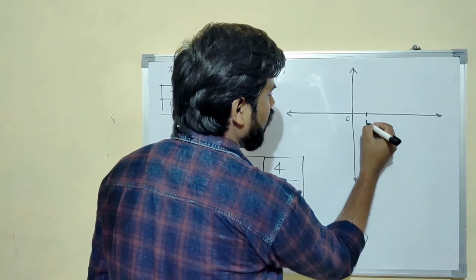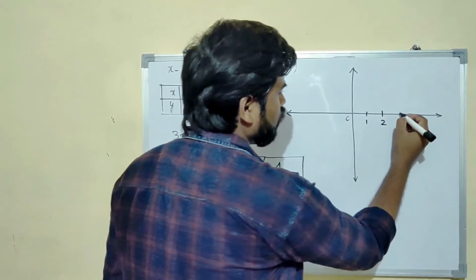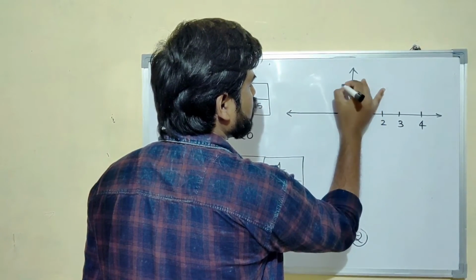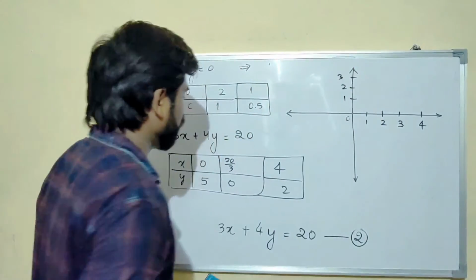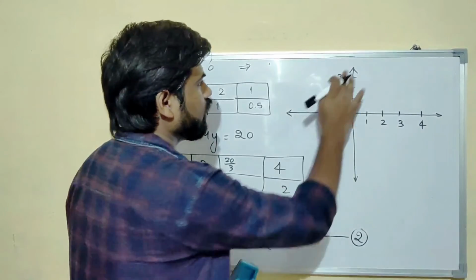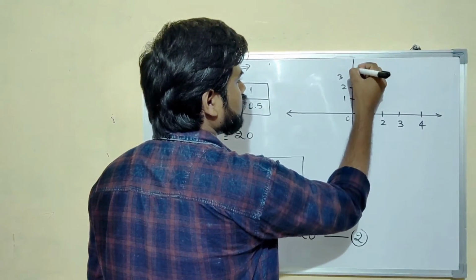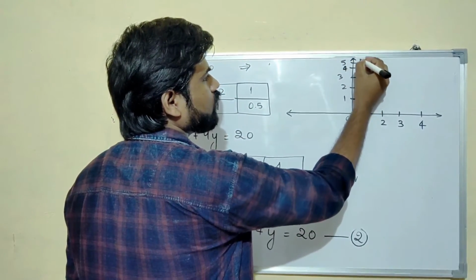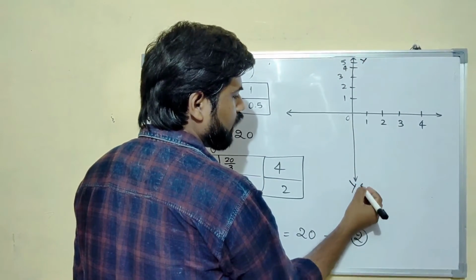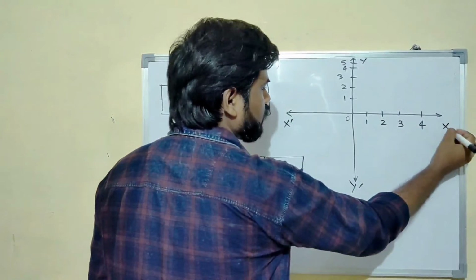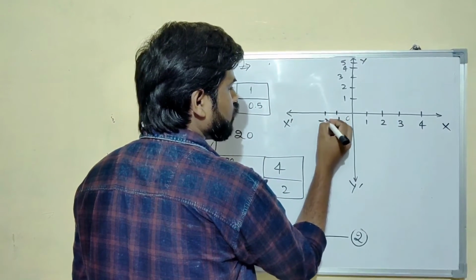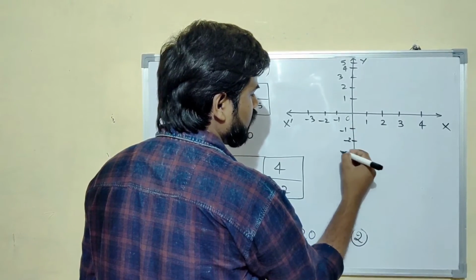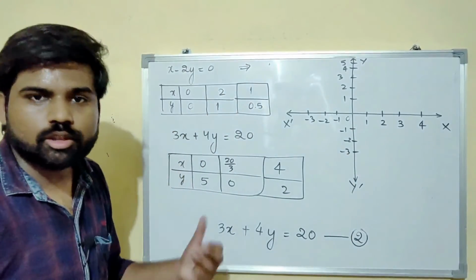This is your origin, 1, 2, 3 and 4, and then you need 5 points. This is your y-axis, this is y dash, x dash, x. Minus 1, minus 2, minus 3. That much is okay.